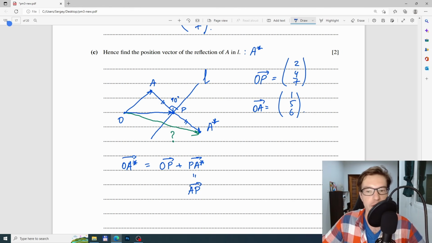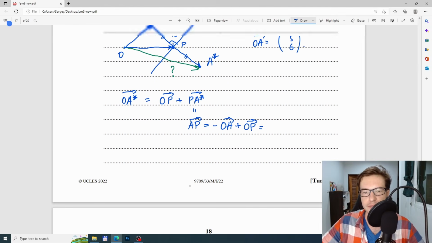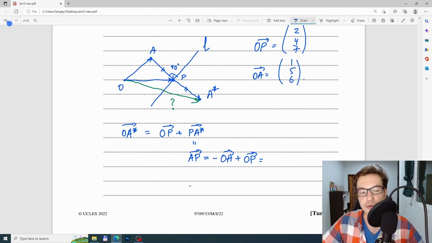Now, we already know the vector OP, so that means the only thing we have to find is the vector AP. How can we get from point A to point P? We can go from the point A to point O, which is going to be the minus vector OA, plus vector OP. Okay, and that brings us to (-1, -5, -6) plus (2, 4, 7).